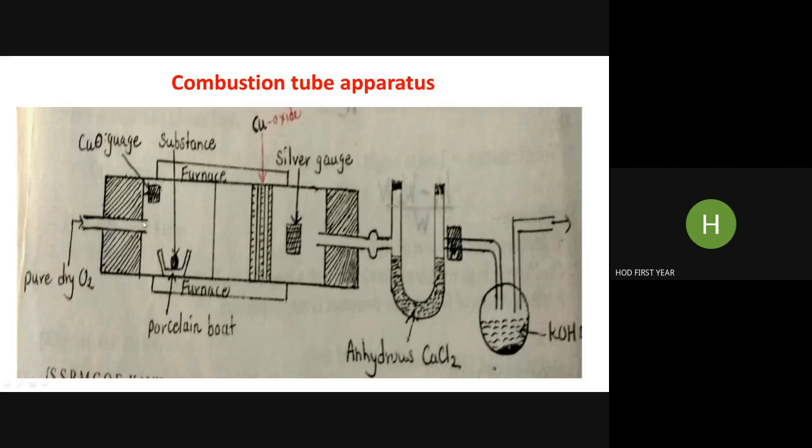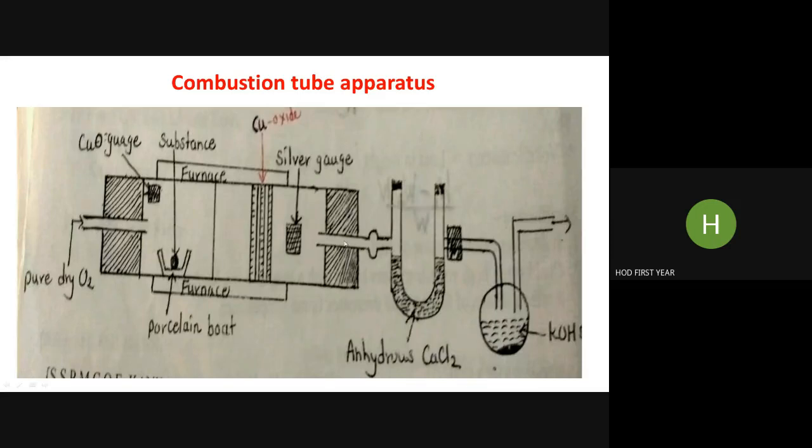Then inside there is a sample holder called a porcelain boat, where we keep a known quantity of coal. Here the known quantity of air dried coal, for which we want to find carbon and hydrogen, is kept.